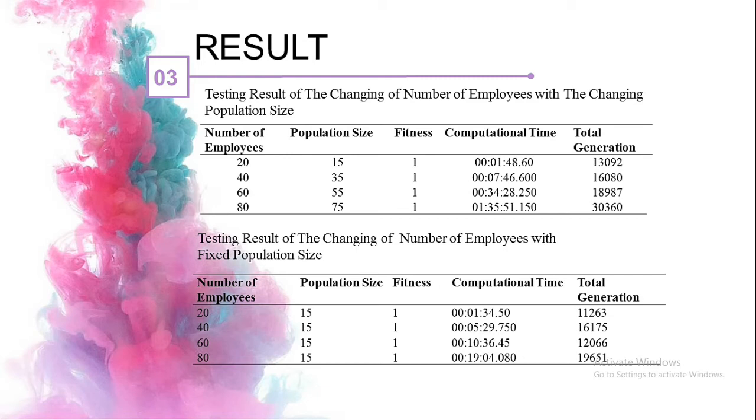So it means that it still has an optimum schedule. In the second table, we changed the number of employees, but we fixed the population size. It still can make the schedule optimum. This computation just needs more time to make the algorithm done.